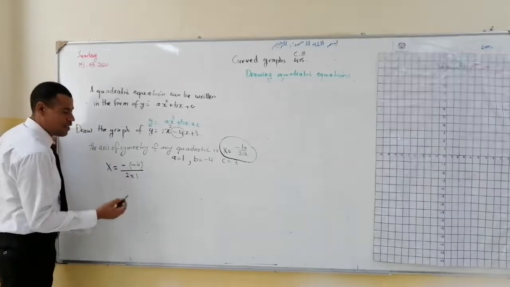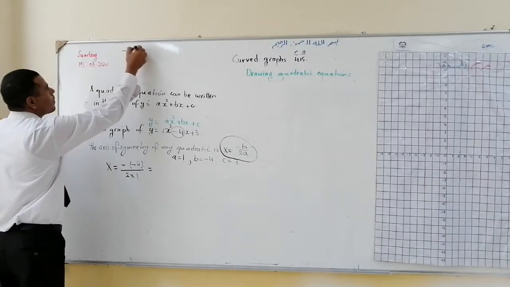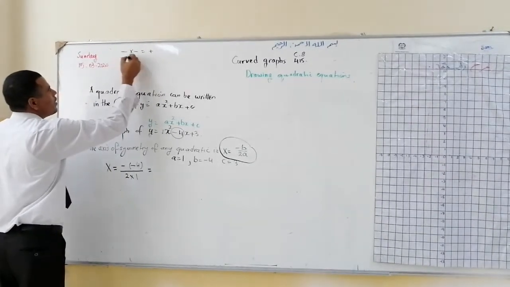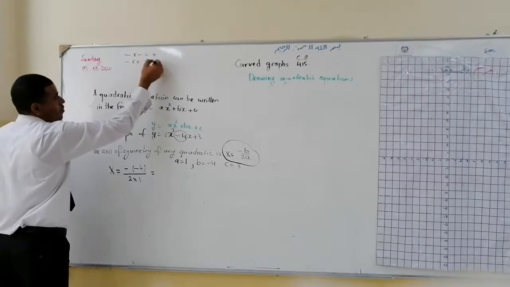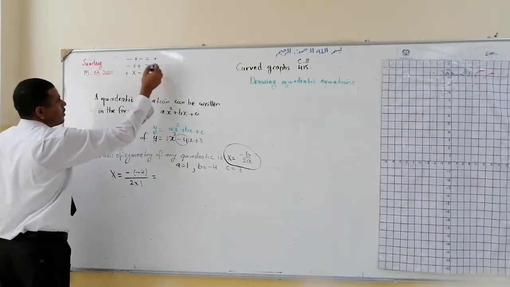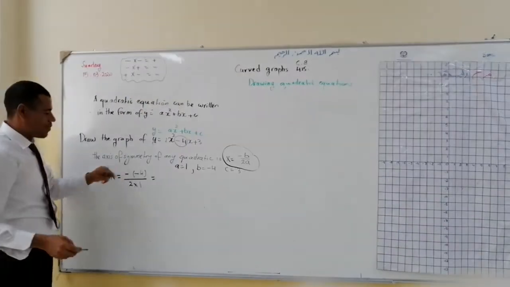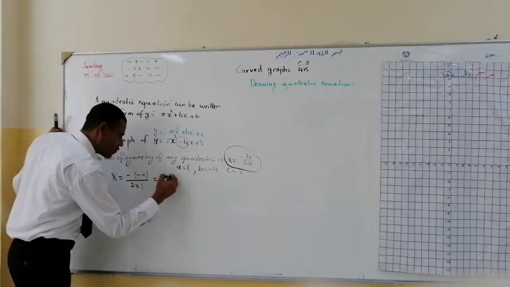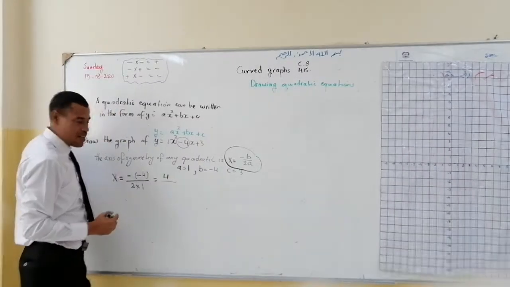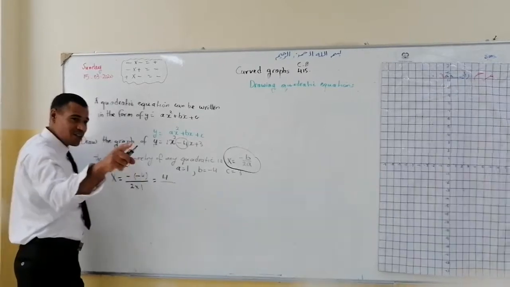Negative multiplied by negative always gives us positive. Look, negative multiplied by negative is positive, negative multiplied by positive is negative, and positive multiplied by negative is negative. Okay? So, here we have negative multiplied by negative is positive. I will just write 4, the value of the numerator, and 2 multiplied by 1 is 2, very good.